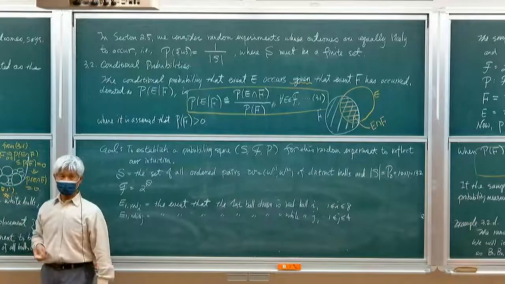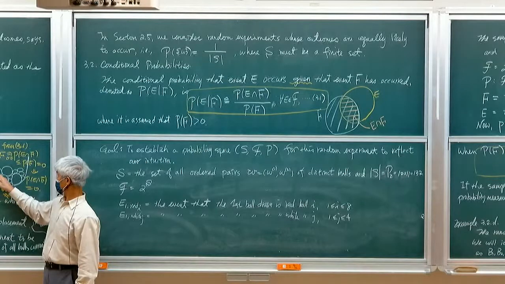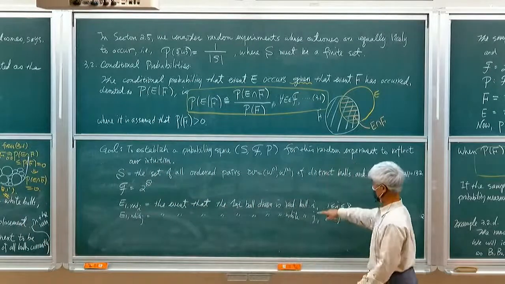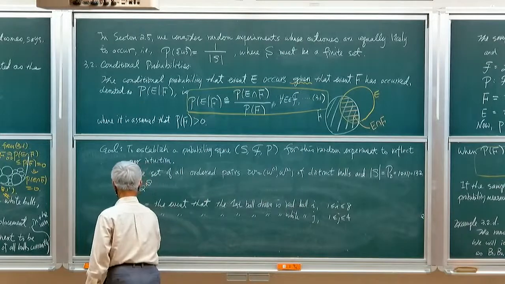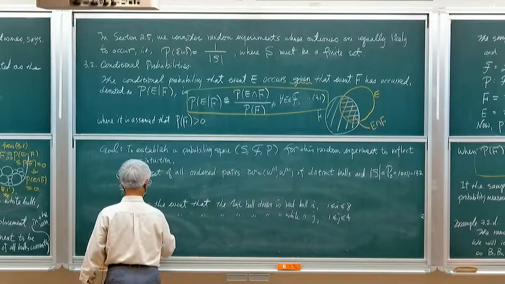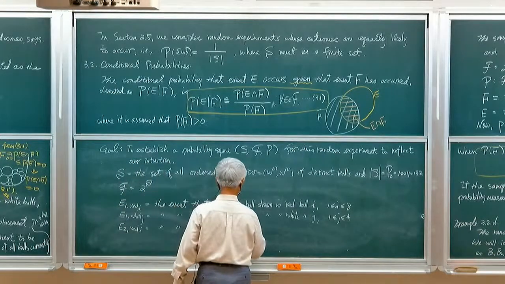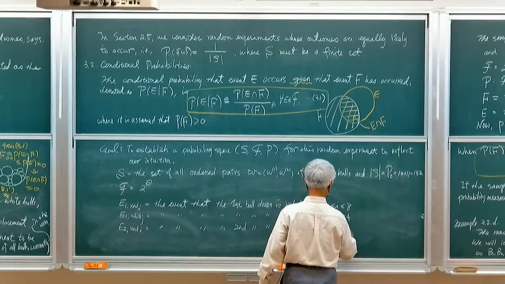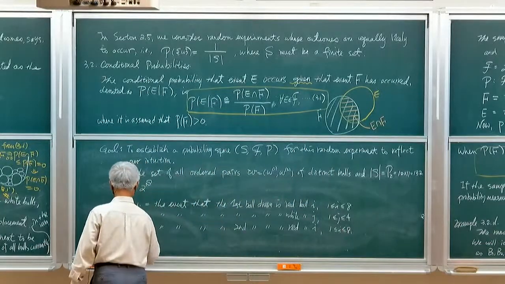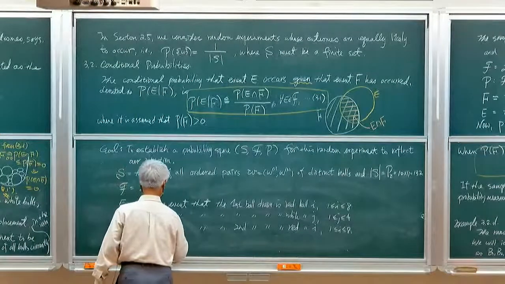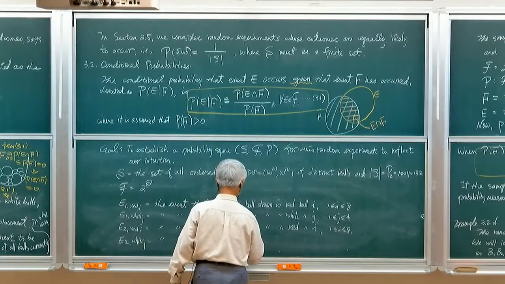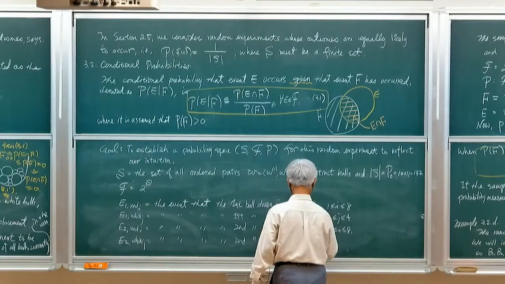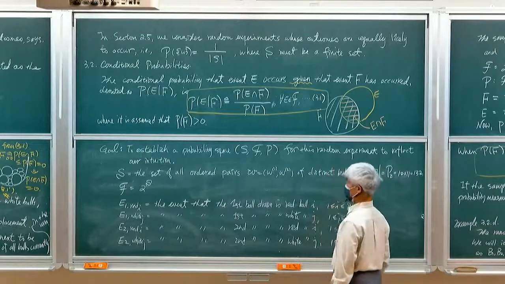The same holds for the 4 white balls: the first white ball, second, third, and fourth. Then E sub 2, red I, is the event that the second ball drawn is red ball I, and E sub 2, white J, is the event that the second ball drawn is white ball J.